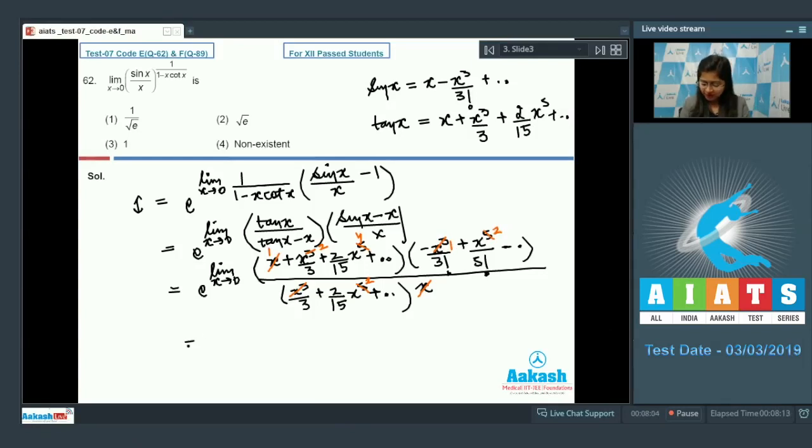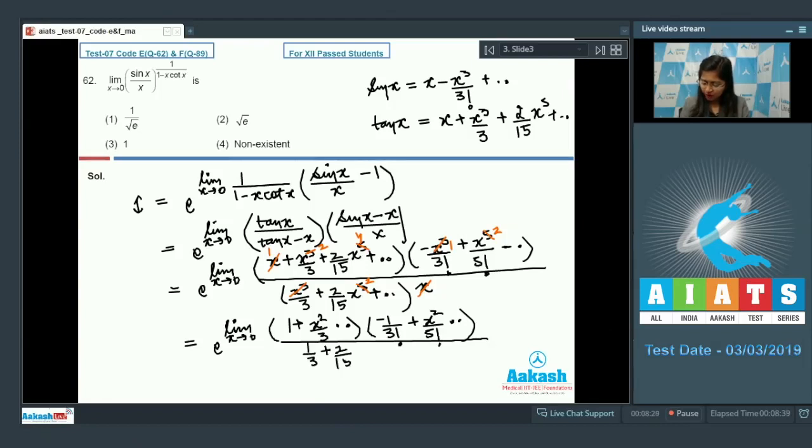So solving this further, it can be written as e raised to the power limit x tending to 0. Here we have 1 plus x square upon 3 and so on, into minus 1 upon 3 factorial plus x square upon 5 factorial and so on, and in the denominator I have 1 upon 3 plus 2 upon 15 x square and so on.